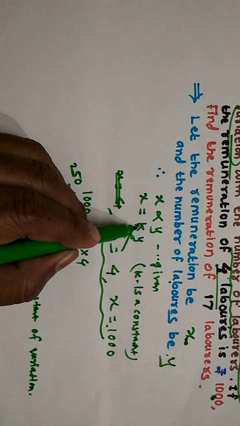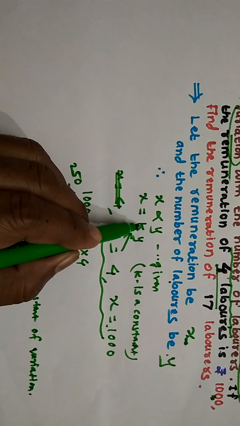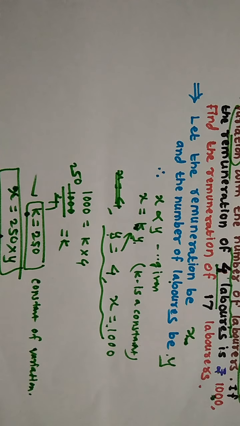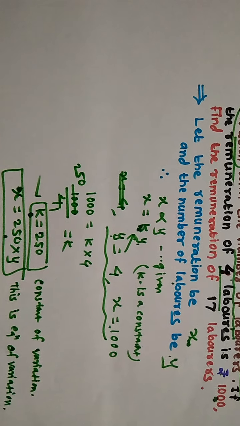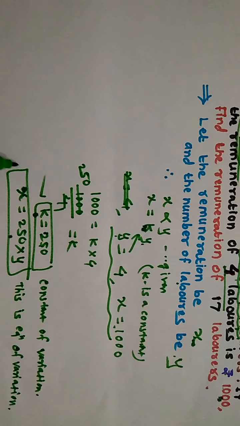This is called the equation of variation. Now using this equation, if remuneration is given, then we find the number of laborers. If number of laborers is given, then we find the remuneration.